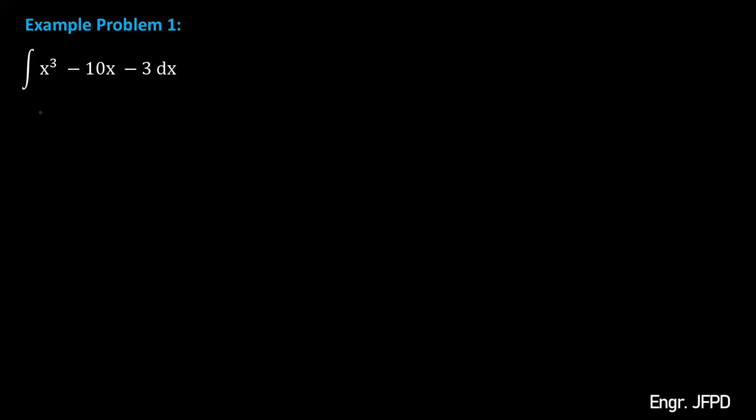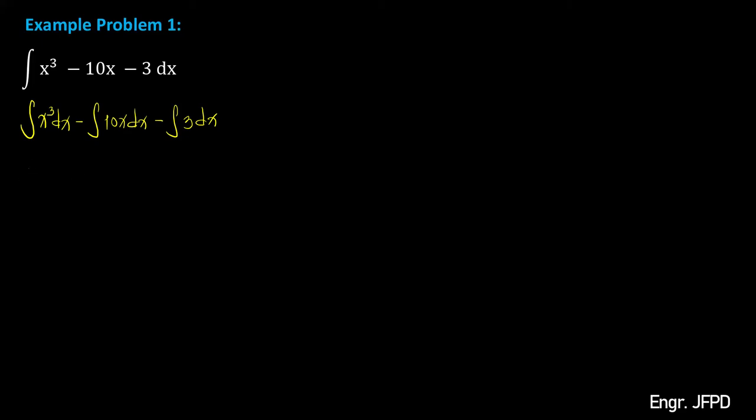Take note that for this one, we will apply formula number 4, or the formula for the algebraic sum, which is the integral of x cubed dx, then minus the integral of 10x dx, then minus the integral of 3 dx. Wherein, for the integral of 10x dx and 3 dx, take note, we can factor out the constants 10 and 3 respectively.